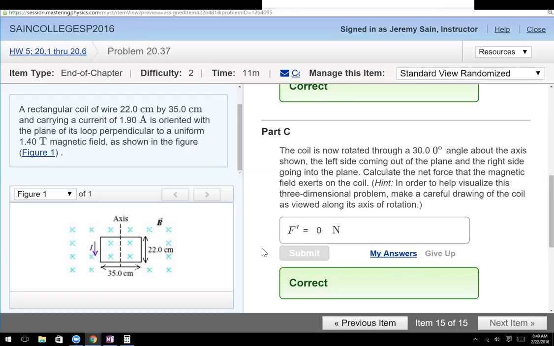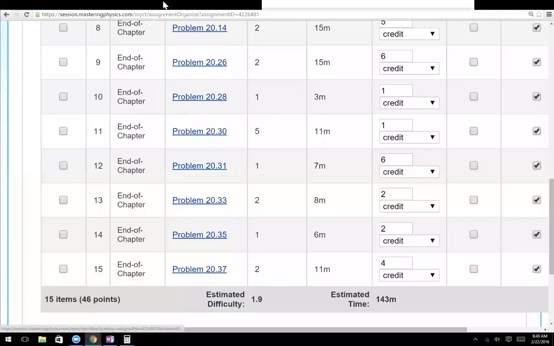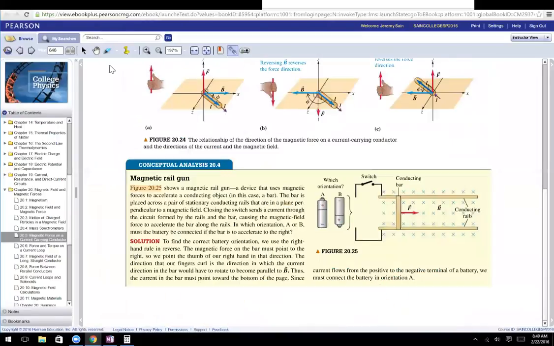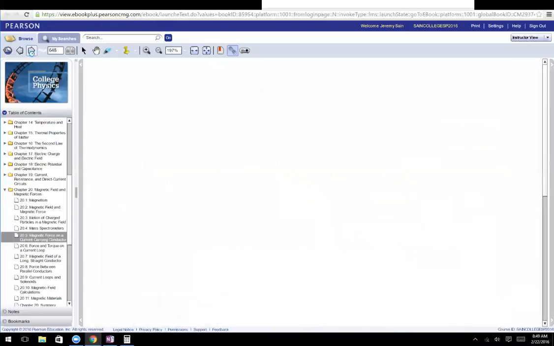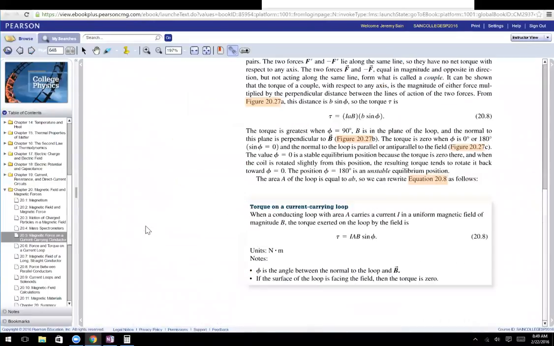All right. And since we're nearly out of time, let me go back to the book, because that was the next section in the book, since they compute it for us. So the torque is the current, A is the area of the loop.